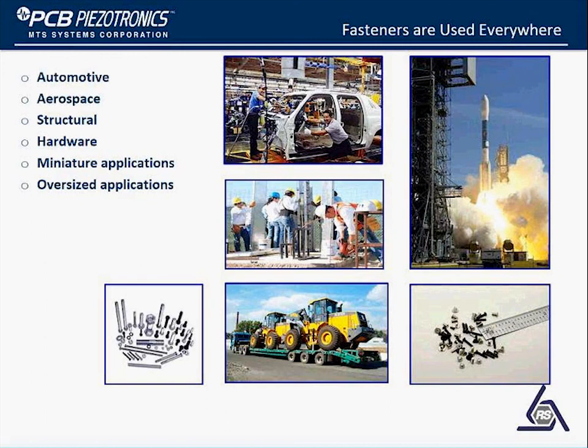And all industries like this feature critical assemblies that need to be tightened properly. And what this means is that fasteners destined for critical assemblies need to perform during assembly and operation in a predictable fashion. So why do we test?